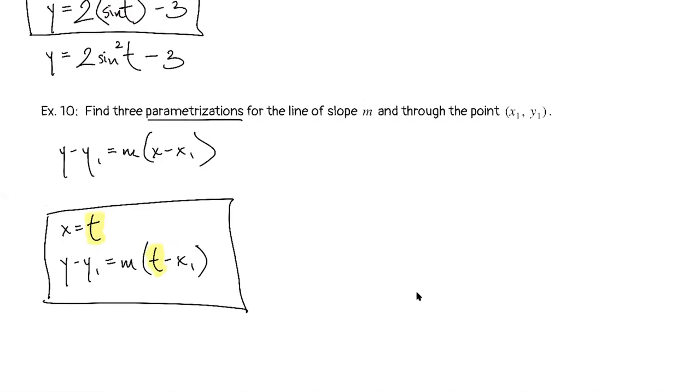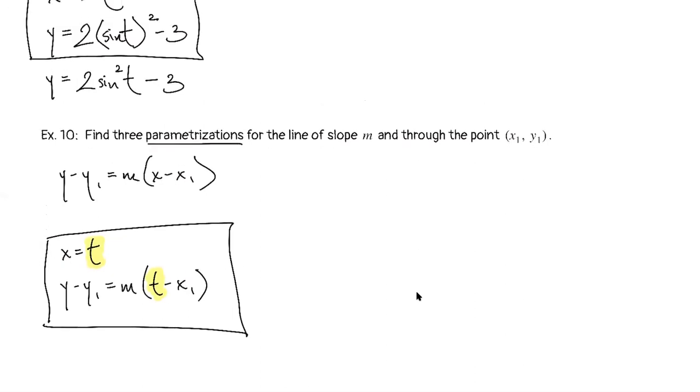So maybe what I could do is replace that with, I don't know, a different function, okay? So maybe like the last one, I'm like, oh, maybe sine is good in this case. I'm not really sure. And I could try x equals sine t.